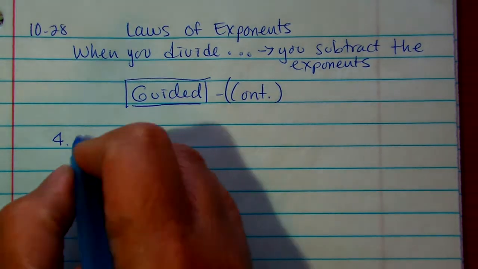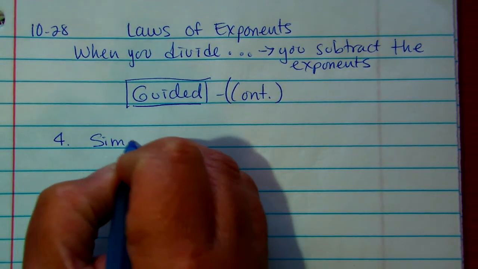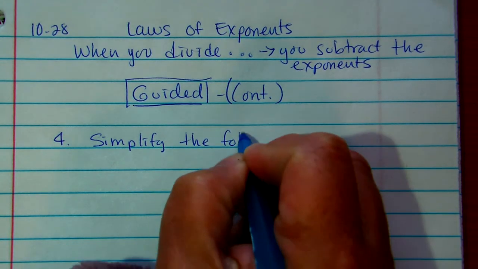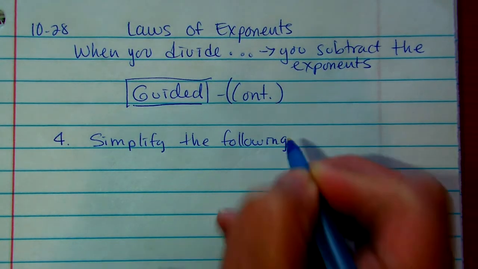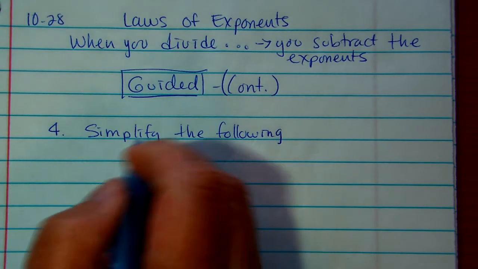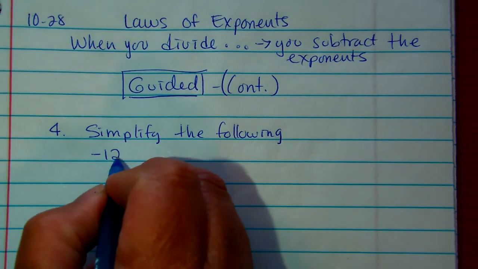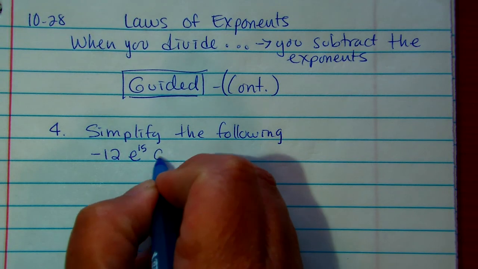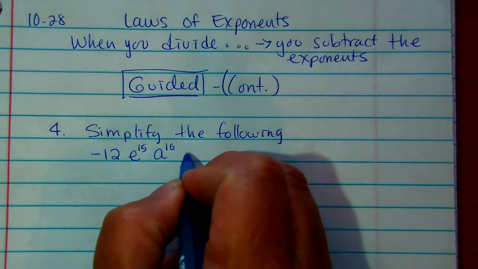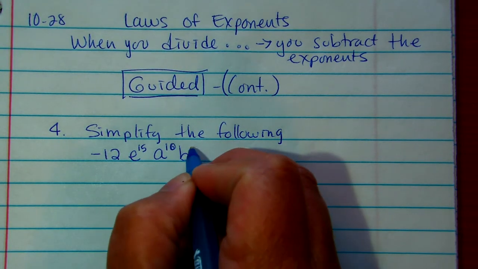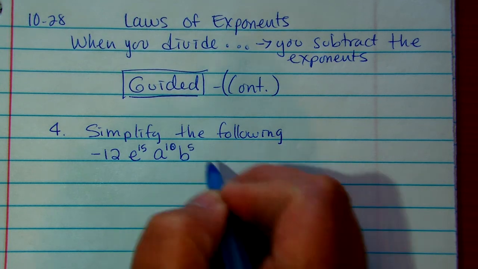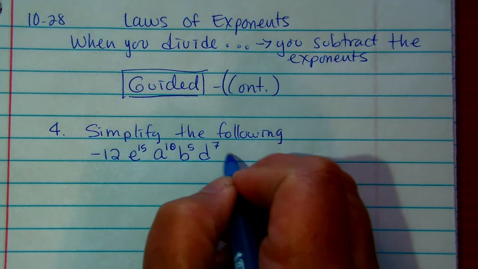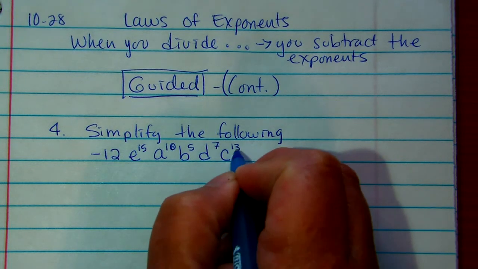So this is number 4. Simplify the following. Okay, and then we have negative 12 e to the 15, a to the 10, b to the 5, d to the 7, c to the 13.